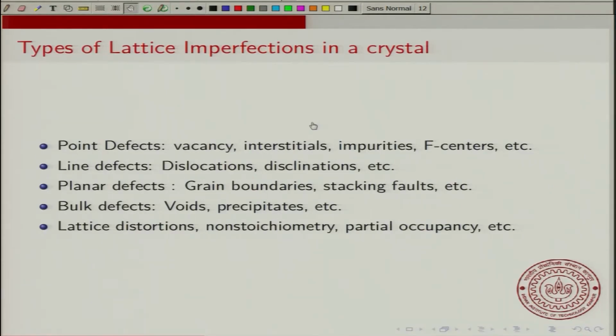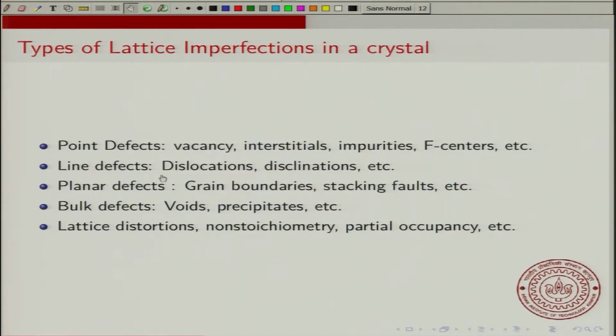There could be impurities, foreign atoms that come in, and I will also talk briefly about F centers. This name is specific to ionic crystals, and I will briefly introduce that.